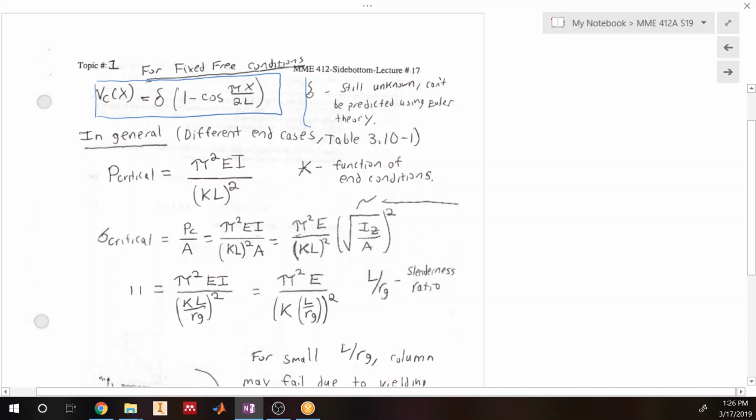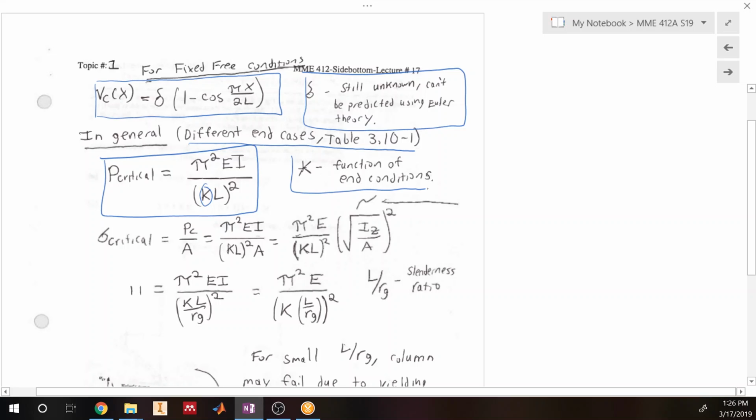You can't predict it using Euler theory. All right, so delta will still remain unknown, but we can predict whether or not something will buckle. So in general, if we're only considering different n cases, P critical will be equal to this term here, and the constant k in this case will be a function of the end condition. So if it's pinned, or fixed free, that will modify k, all right?